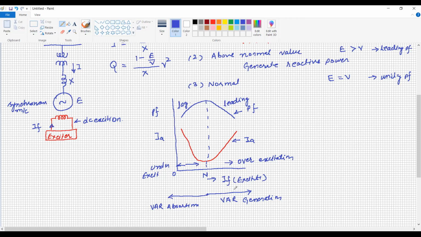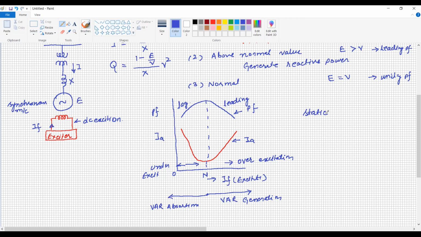We can obtain smooth control or smooth variation of the reactive power with the help of a rotating synchronous machine. But the disadvantage is that it consumes active power. We have to give attention to the maintenance because it is a rotating machine. So we want to replace it by a static one.